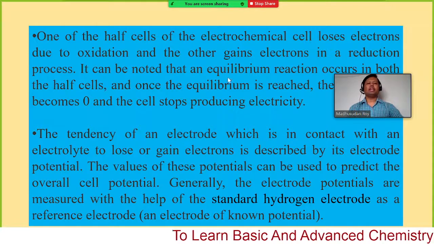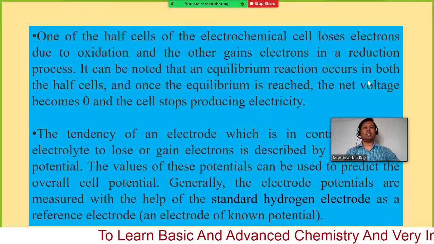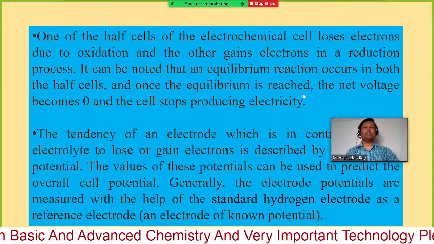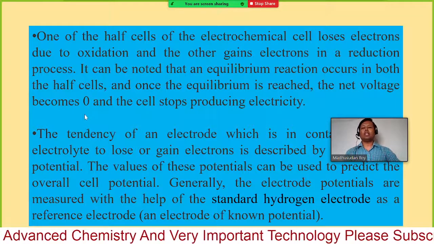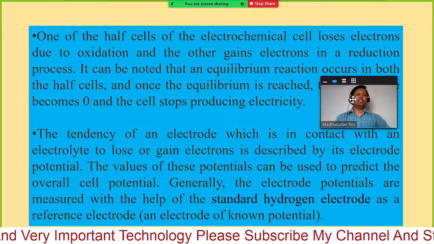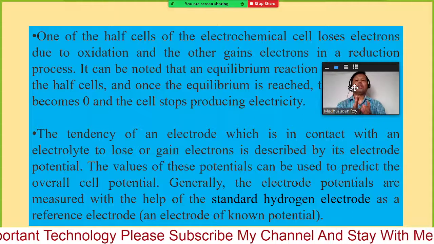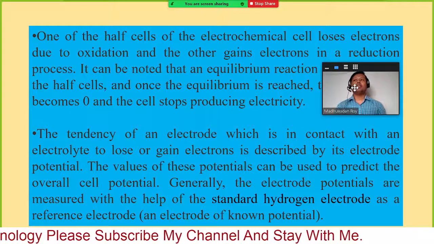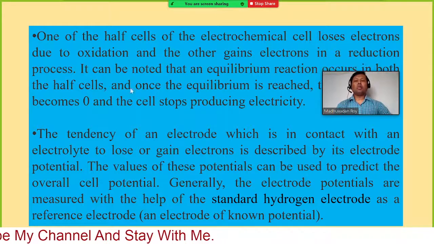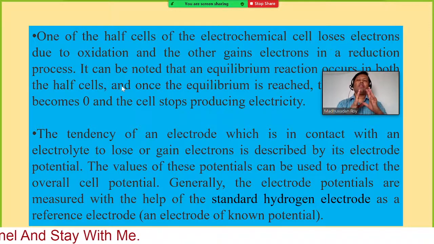It can be noted that an equilibrium reaction occurs in both the half cells, and once the equilibrium is reached, the net voltage becomes zero and the cell stops producing electricity. So when we feel that our dry cell or any other cell is damaged, what happens is you have a specific amount of chemicals inside your cell.